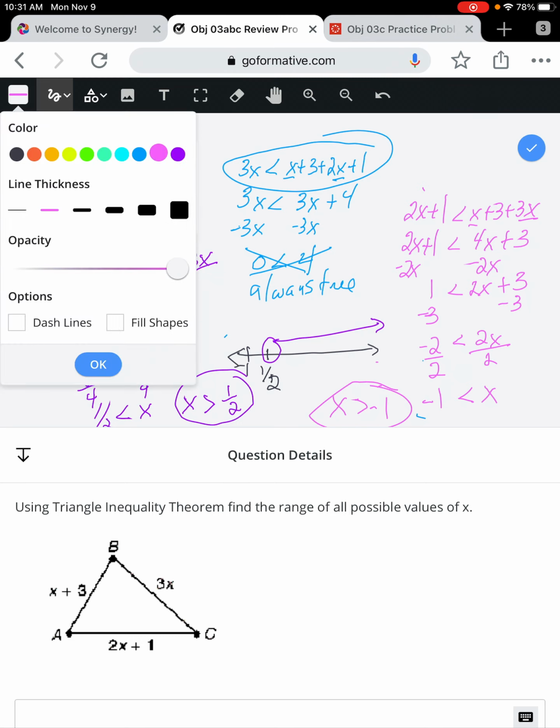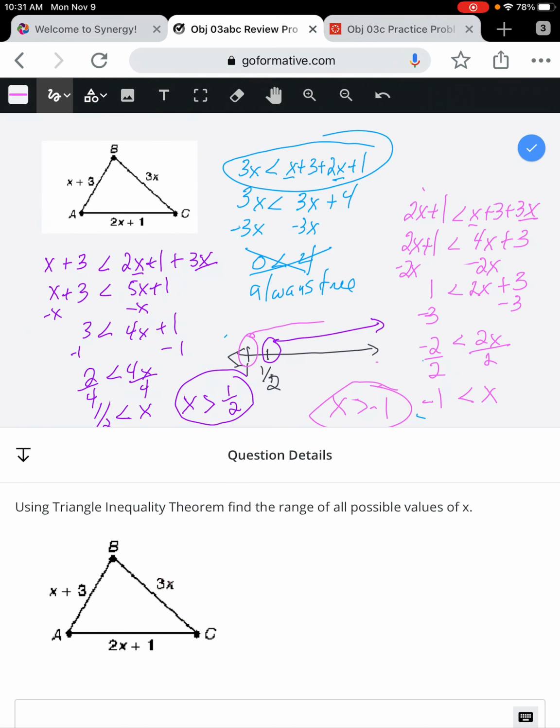The other thing I know is it also has to be greater than negative 1. Well, where do you see both arrows? Where are both of these true? What can x be? Well, x has to be both greater than negative 1 and greater than 1/2. So it's actually from here on out. It has to be greater than 1/2, from 1/2 all the way up.